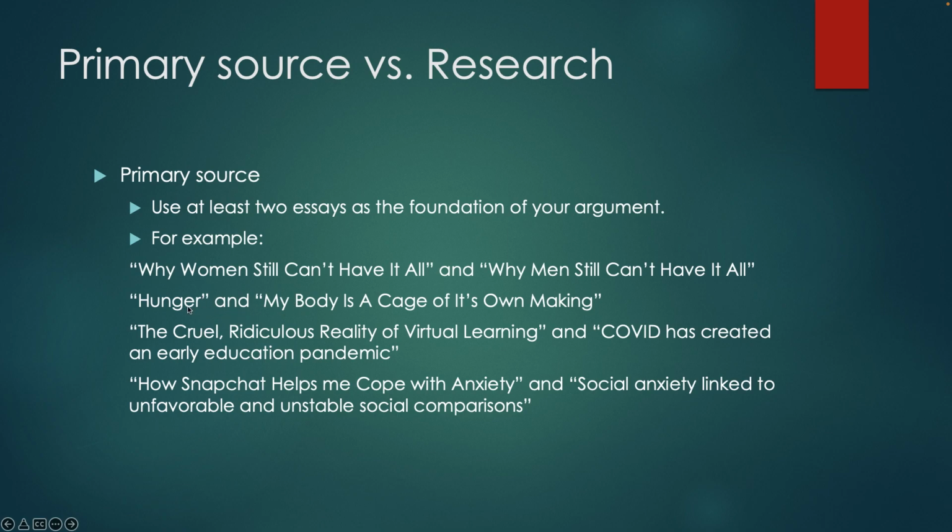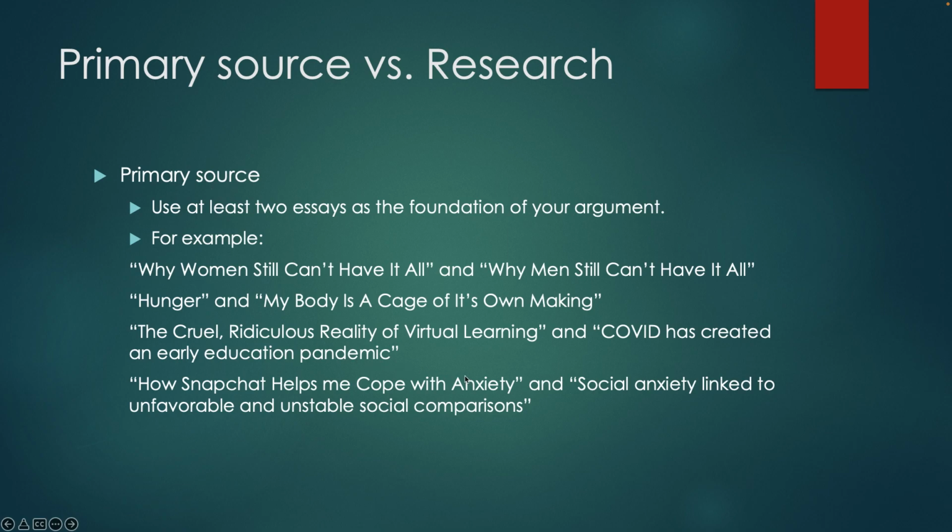There are really interesting things you can build upon from both of those to create an argument about eating disorders and trauma, or power and food, things like that. You can see how these essays pair nicely together.